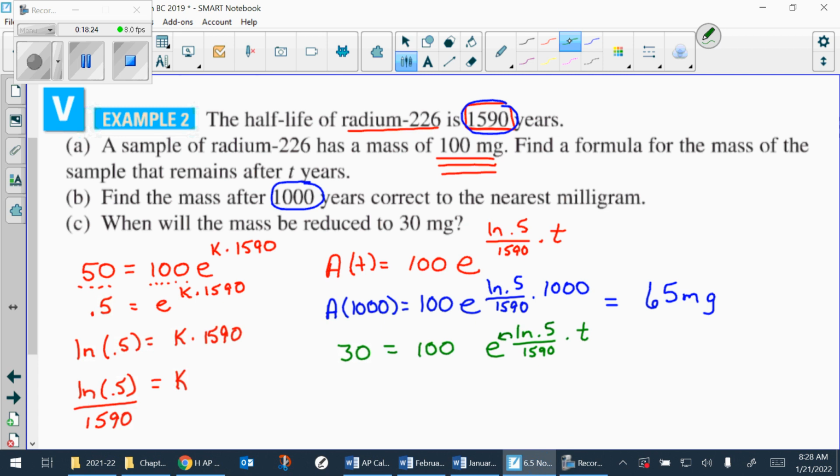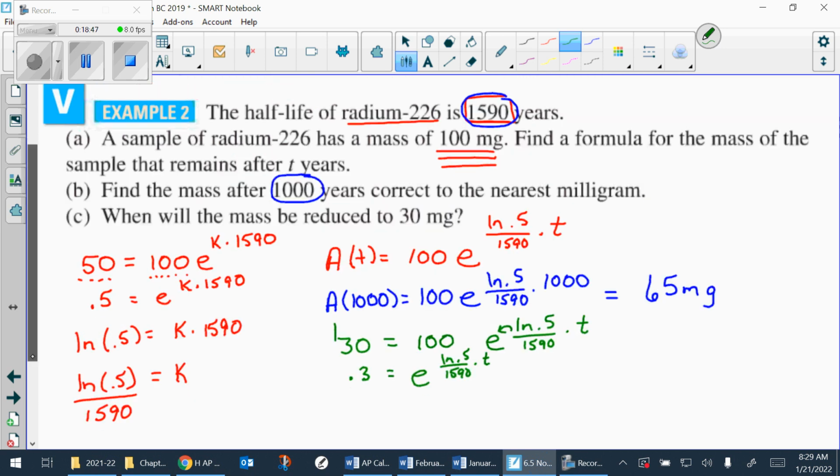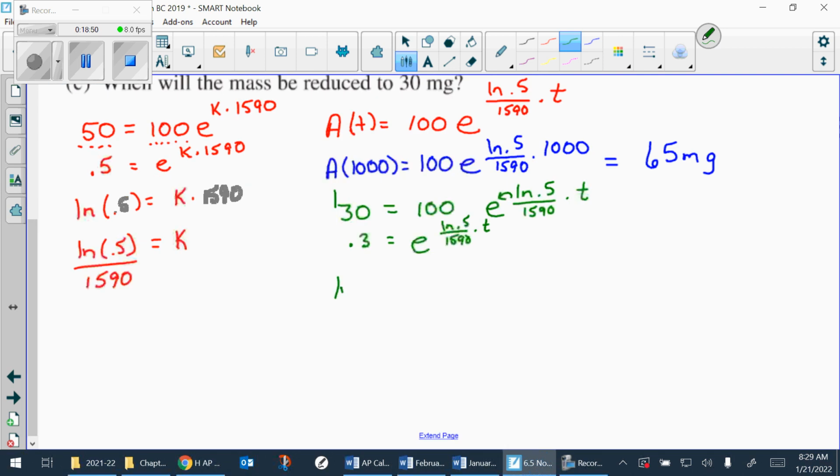When I divide by 100, I should get 0.3 equals e to the natural log of 0.5 over 1,590 times t. I would natural log both sides. Natural log of 0.3 equals natural log of 0.5 over 1,590 times t.